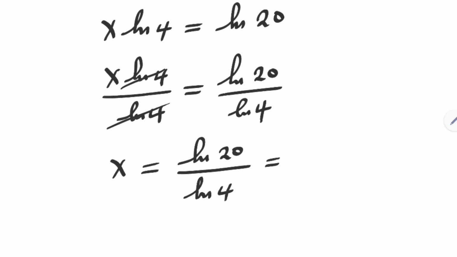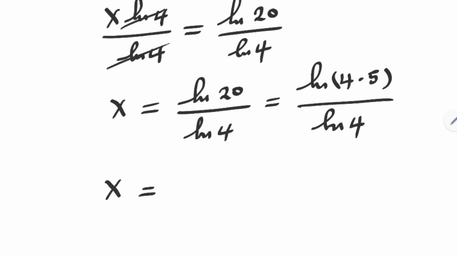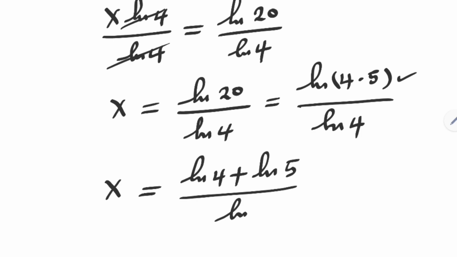And ln of 20 can be written as ln of 4 multiplied by 5 divided by ln of 4. S is equal to ln of 4 multiplied by 5 can be written as this. We have ln of 4 plus ln of 5 divided by ln of 4.